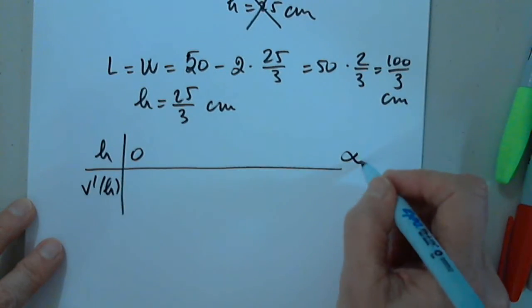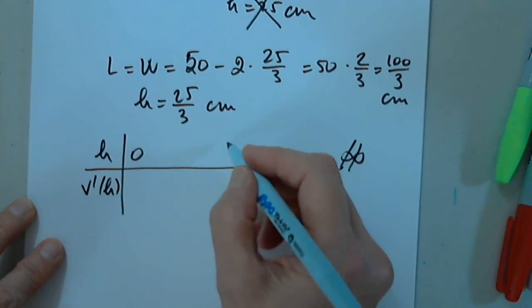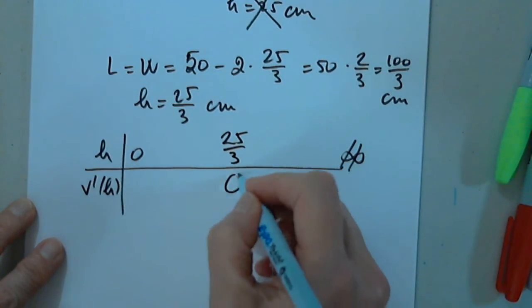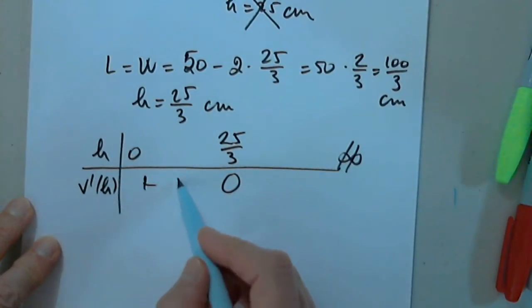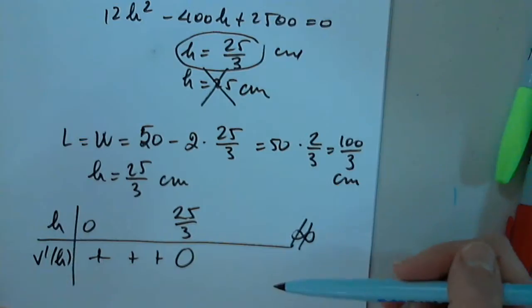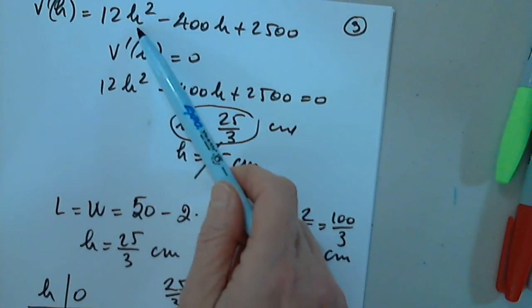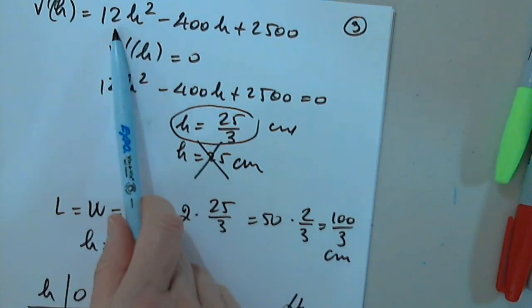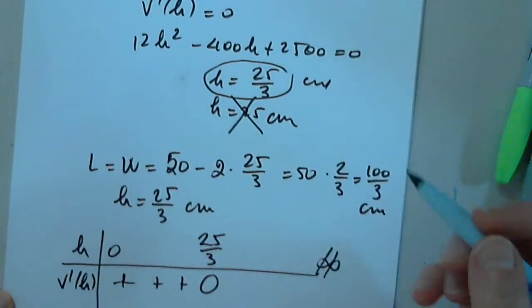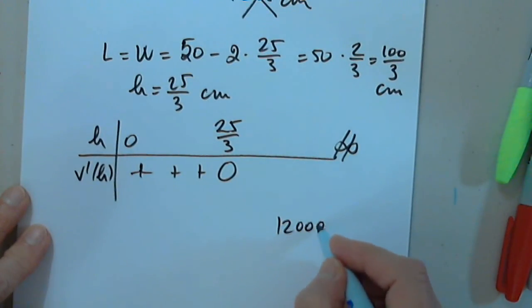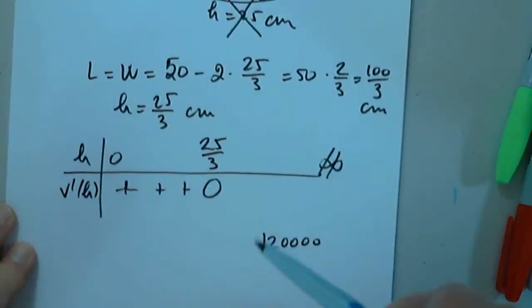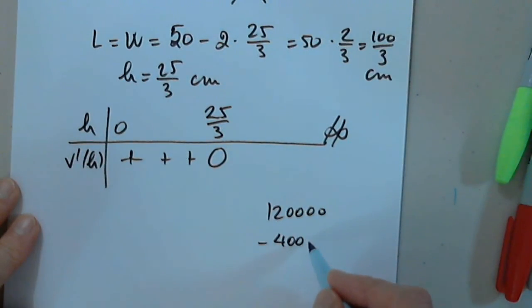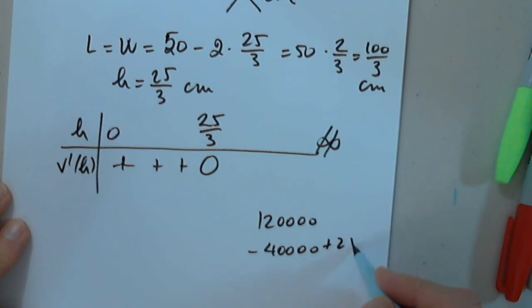I have to plug in 0. Okay, of course, it's not infinity. You know what I mean? 25 divided by 3. So when I plug in 0, I see it's positive. And when I plug in, let's say, 100, 12 times 100 squared minus 400 times 100 plus 2,500.